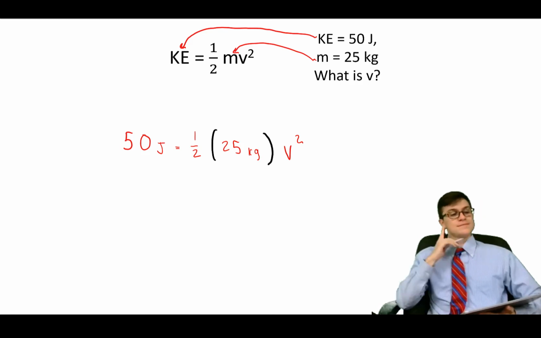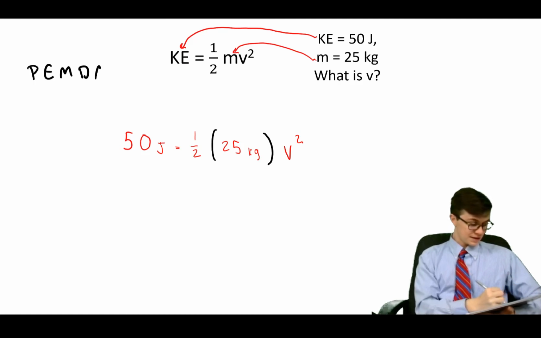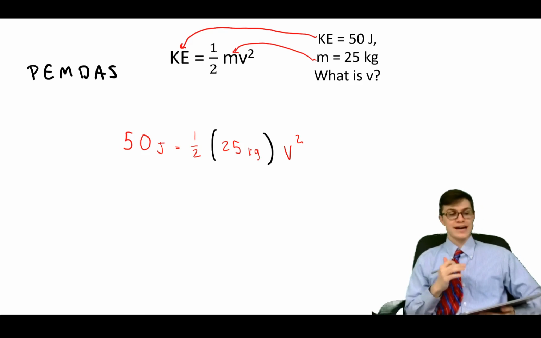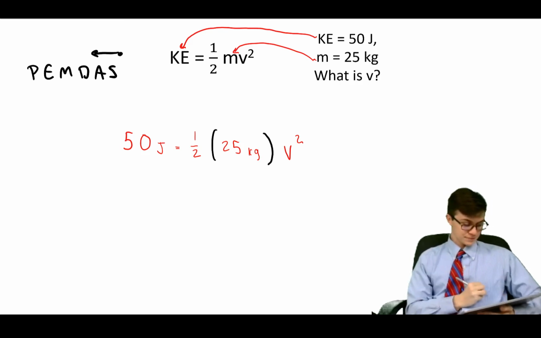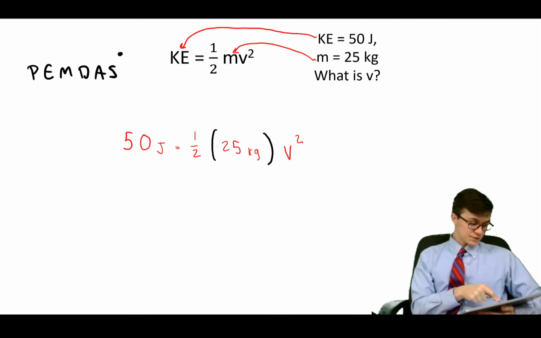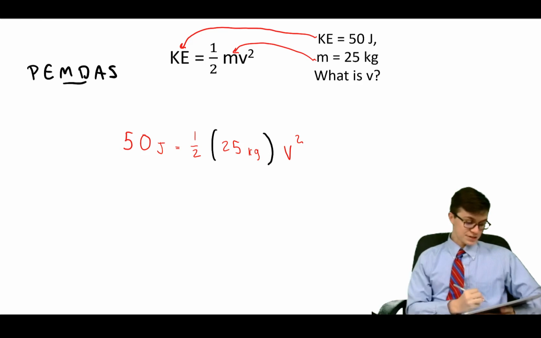How do you solve this? Well, this is just normal PEMDAS stuff, right? Except when you're doing algebra, actually, you start with this stuff and you go backwards. So I don't see any addition or subtraction. There is some multiplication and division, actually.